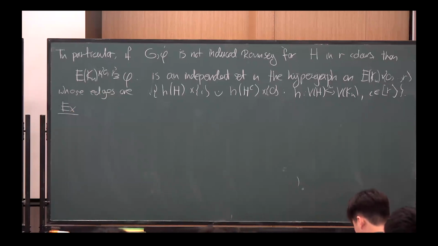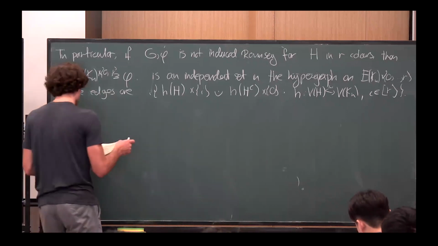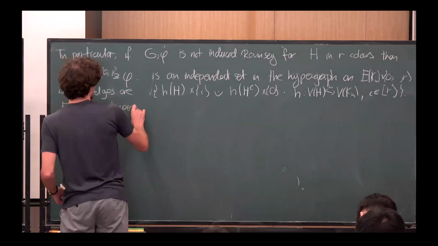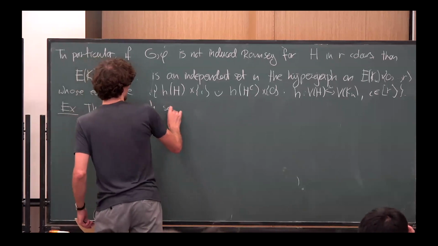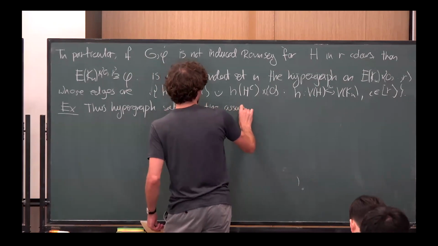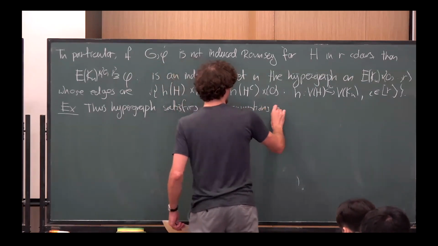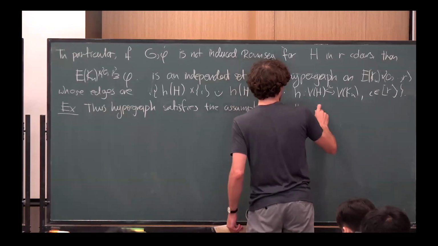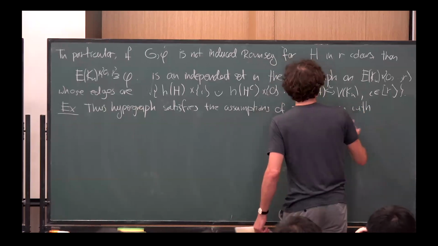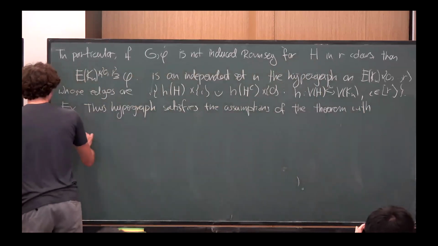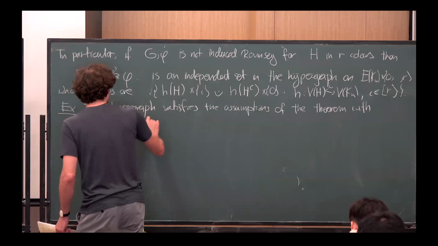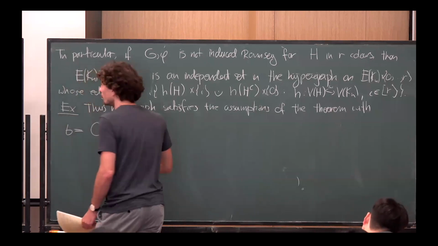But we need to find this parameter, and the exercise is that this hypergraph satisfies the assumptions of the theorem with B being n to the power 2 minus 1 over the 2-density of which graph?